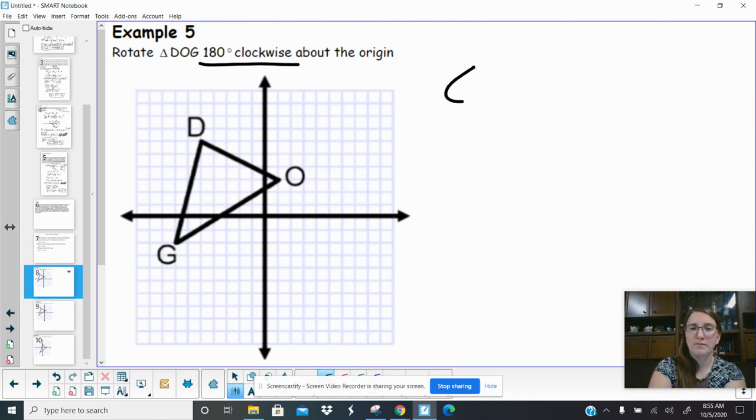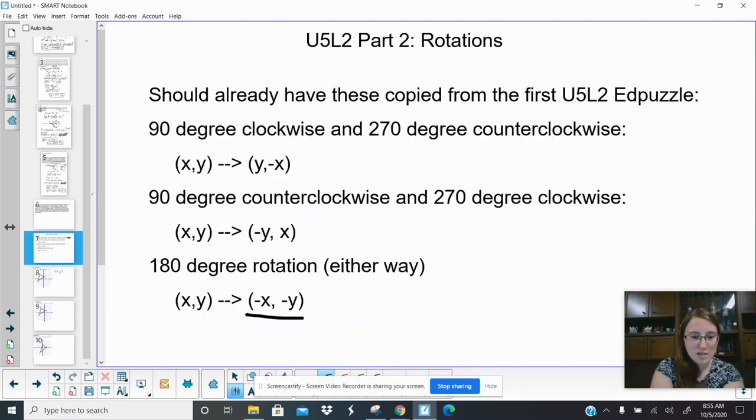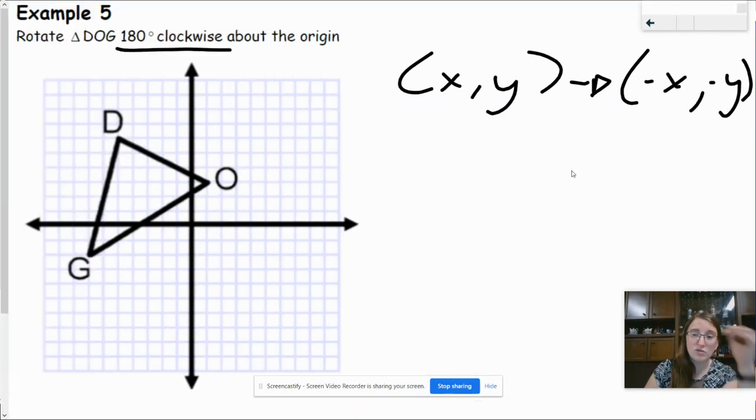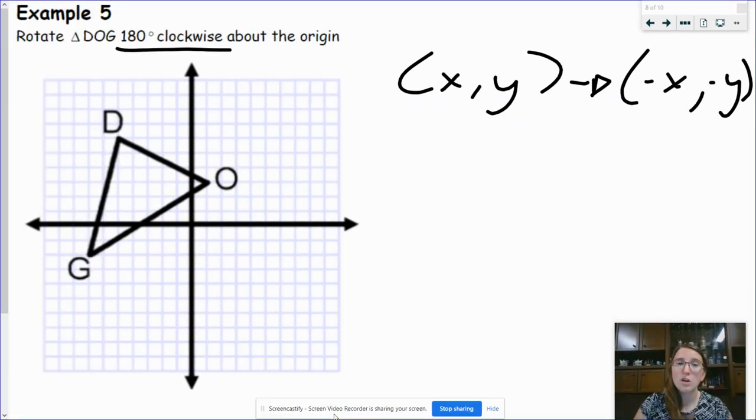It's the same formula. So what this means is each point that I currently have will be changed to this, (-x, -y). So what we need to do to start with is to get these points. So I want you to go ahead and practice that because if you can't get the original points, you will not be able to do this test.